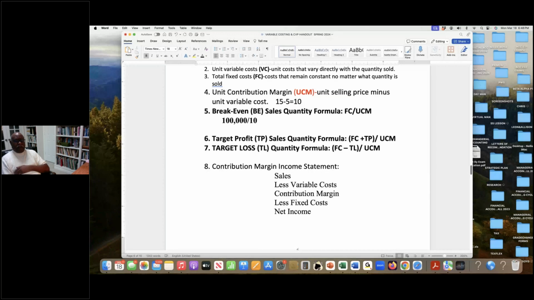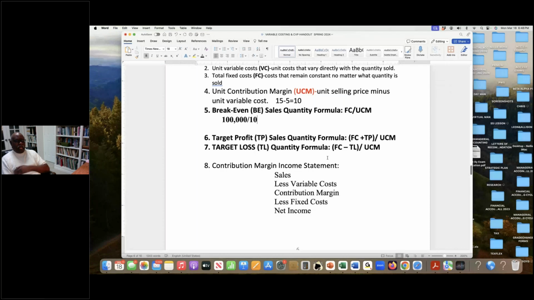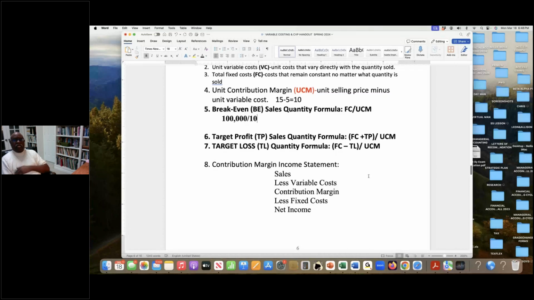Typically, that target profit is going to be $1 million in our examples. Third, a target loss: there's a formula to get the quantity needed to reach a certain level of target loss. And then there's always this contribution margin income statement.